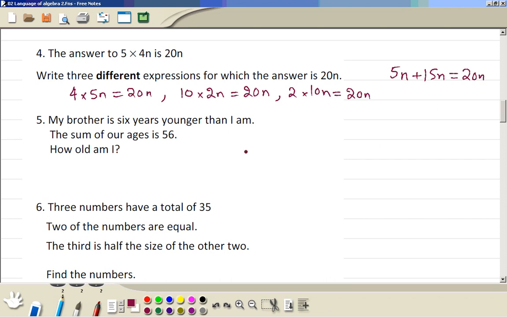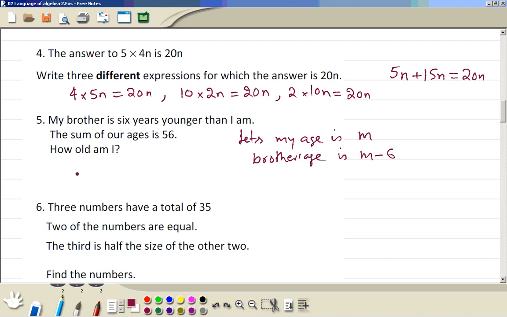Let's do number 5. Let's say my age is m, so my brother's age would be 6 less than m.